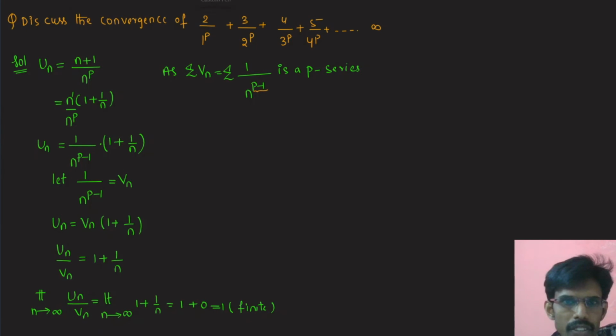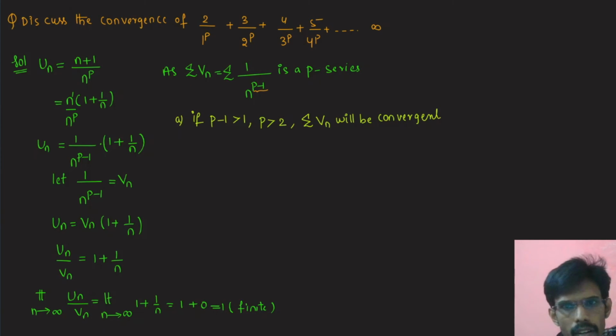So here, if this p minus 1 is greater than 1, that is p is greater than 2, then sigma vn will be convergent.